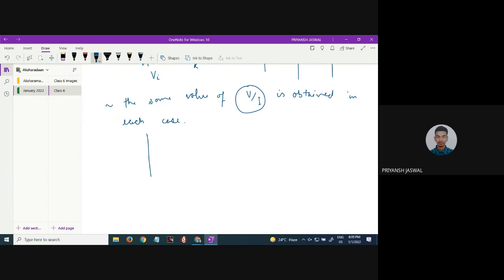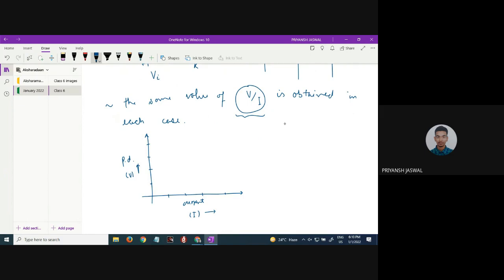Suppose we plot a graph between these two quantities, the potential difference and the current through the resistor, or the current through the circuit for now. So this quantity is constant.